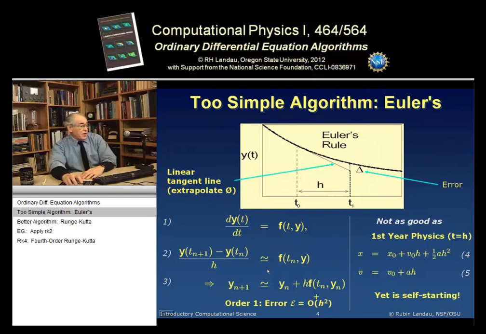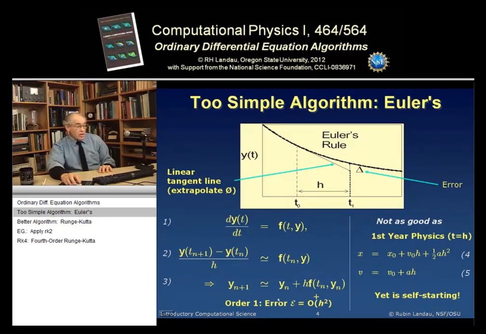If we approximate, this is Euler's rule, the derivative as just the change in the position over one interval divided by the width of the interval h, and that's going to be equal to, and here's the careful part, the derivative function evaluated at a time at the beginning of the interval. That's Euler's rule. So here, to go ahead from step n to n plus 1, we take the derivative at the beginning of the interval, which means the tangent here, the straight line, and we continue it.